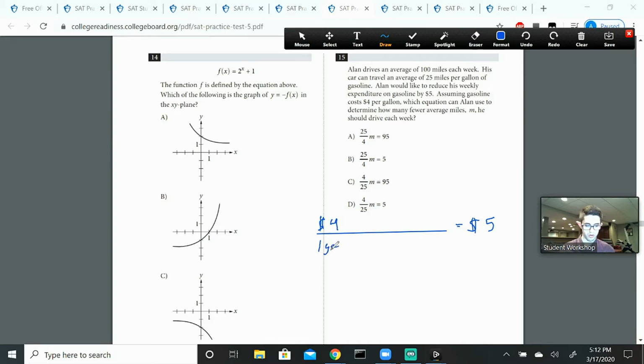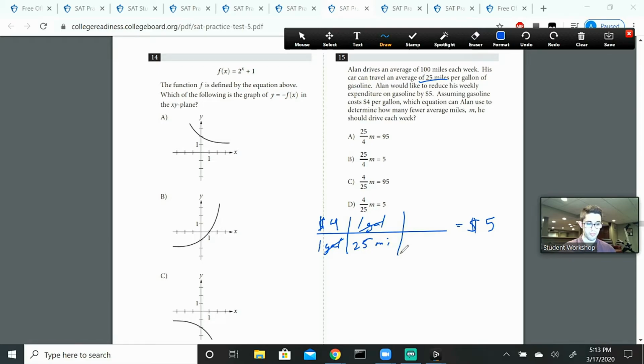$4 per 1 gallon. Now I need something to get rid of gallons, and that will be in miles per gallon. He travels 25 miles per gallon of gasoline. So 1 gallon, 25 miles. And I wrote the rate upside down in order to get rid of the gallons.